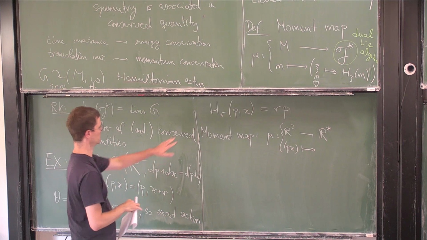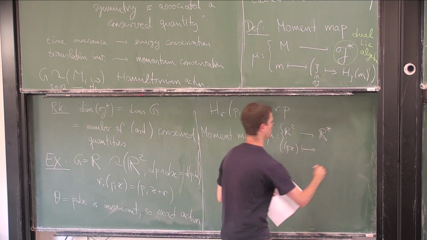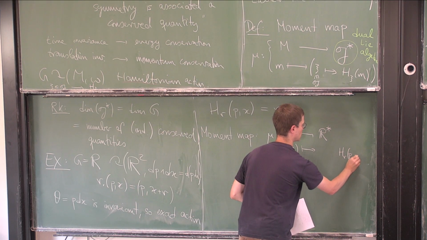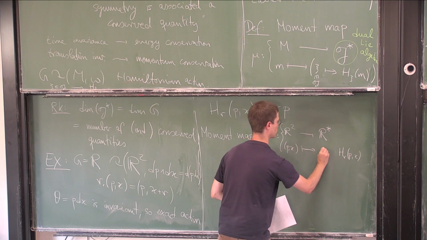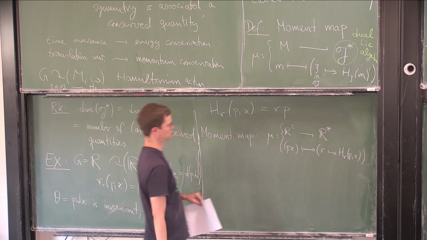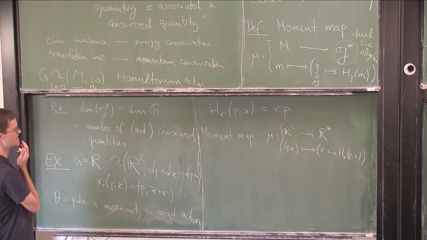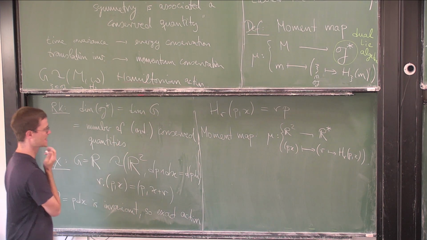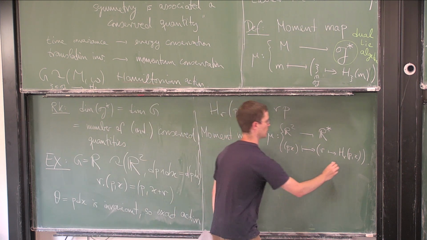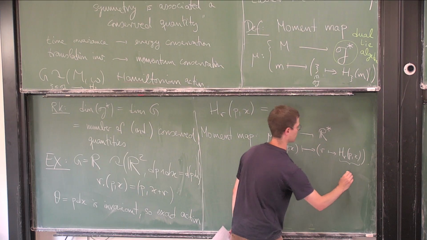It should associate this number, H_r of (p,x). But as you see, there's an r dependence, so to r, it should associate this. Okay, so again, it seems very complicated, but this is r times p.